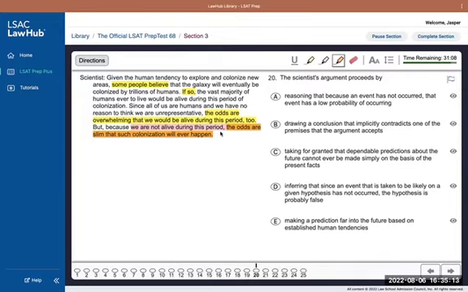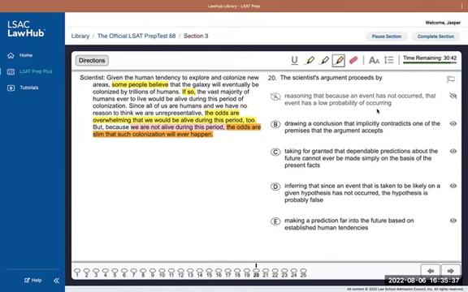This just focuses on the end point, but that's not quite what it's based on, right? So this just focuses on the last sentence, not the whole argument, but just the conclusion part. So I would eliminate A.